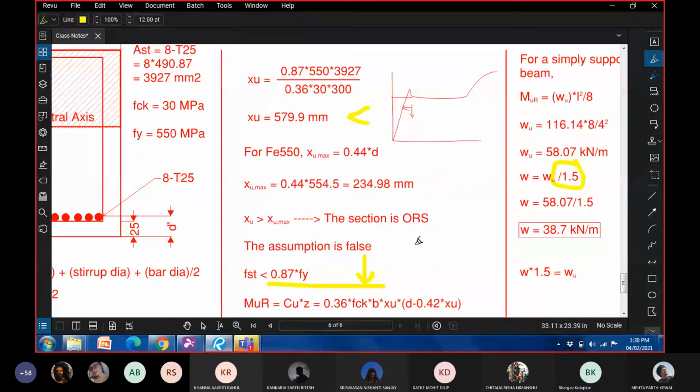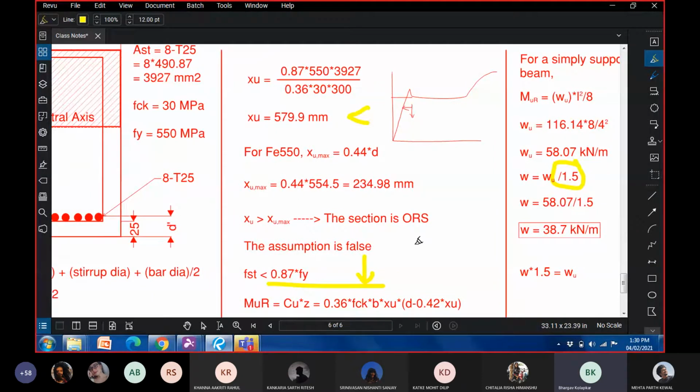Full stop. XU will have to be computed by strain compatibility method to get the actual moment of resistance.